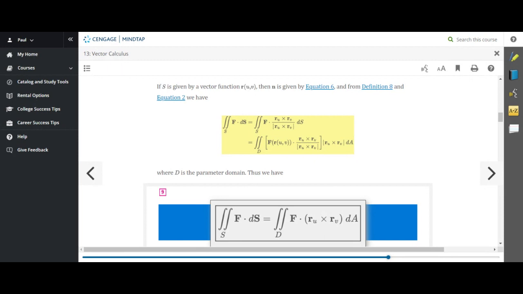All right, let's look at an example. So this is our formula for flux. Let's do this problem here. Let me give you a moment to copy this example down.